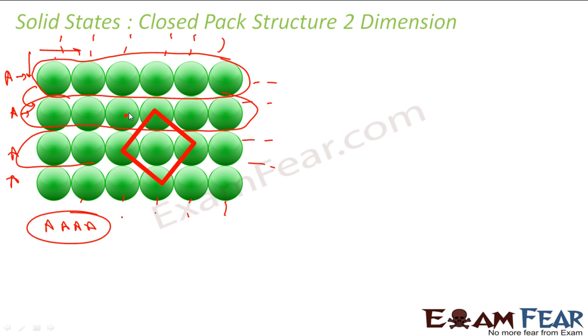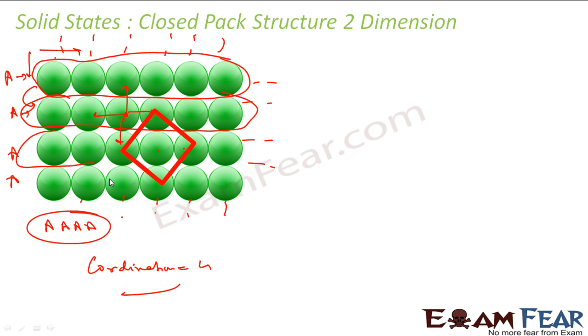How many spheres is it in contact with? 1, 2, 3, 4. So this sphere is in touch with 4 other spheres. So the coordination number is how much? 4. Obviously, because each sphere is in touch with 4 spheres. Talk about this sphere. It is in touch with 1, 2, 3, 4 spheres. So the coordination number is 4.